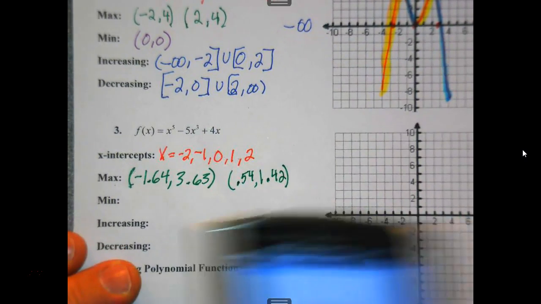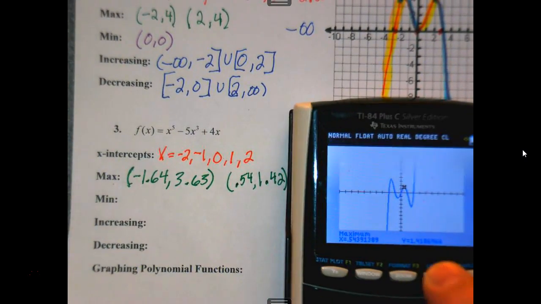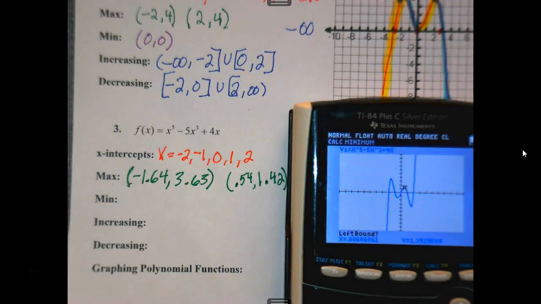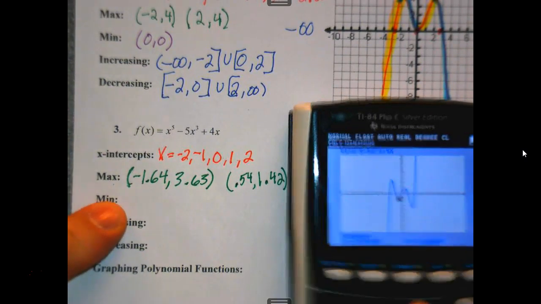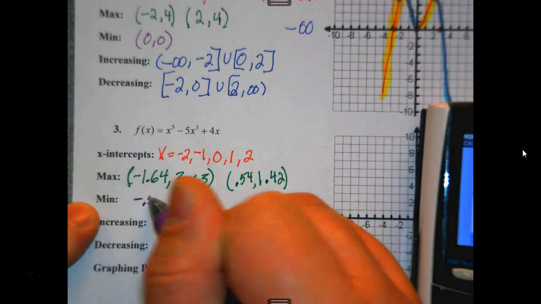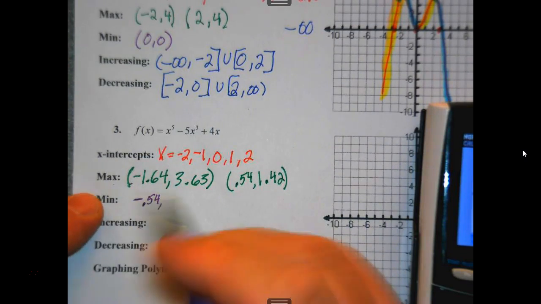Okay, the minimums. Second trace, minimum, enter, left bound, enter, right bound, enter, enter again, and -0.54, -1.42.